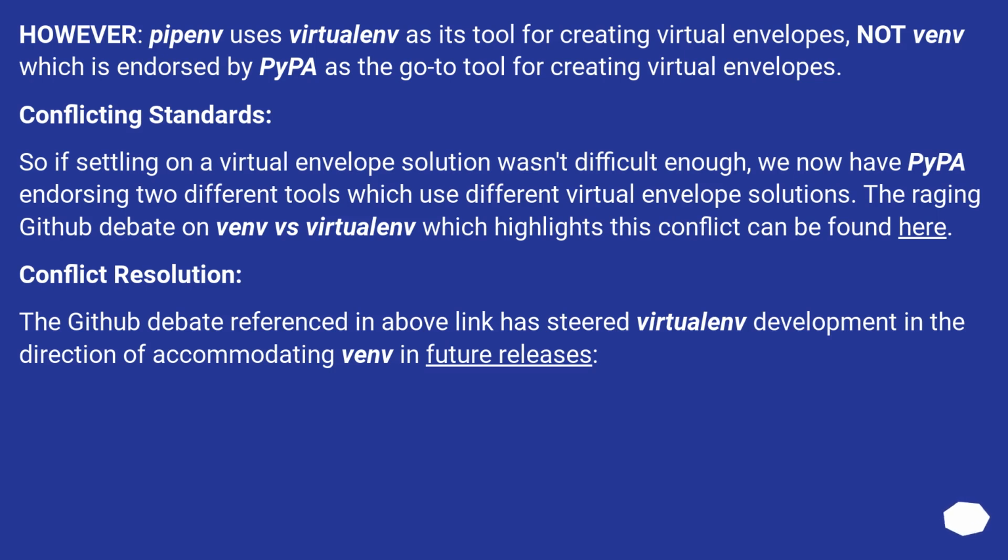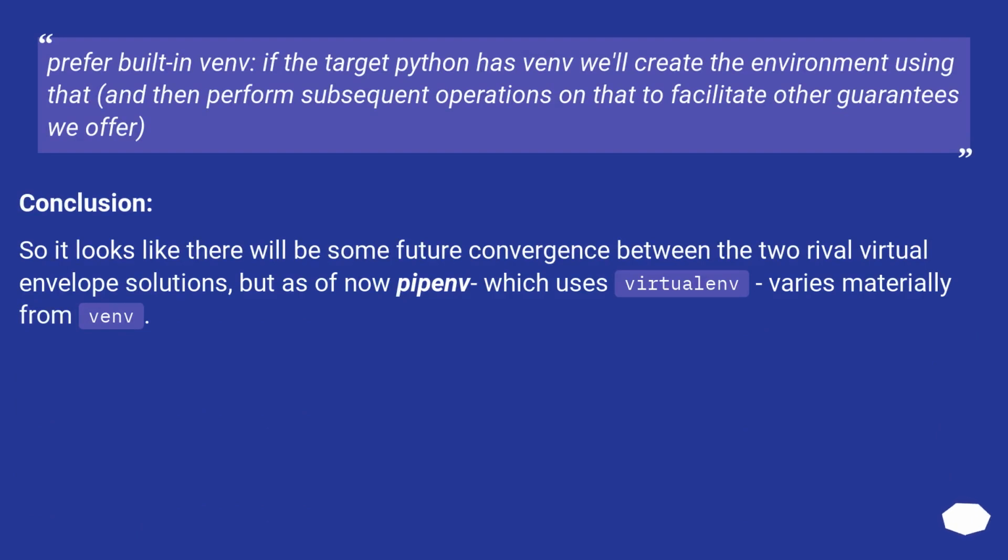The GitHub debate referenced in the above link has steered virtualenv development in the direction of accommodating venv in future releases. Prefer built-in venv. If the target Python has venv, we'll create the environment using that, and then perform subsequent operations on that to facilitate other guarantees we offer.